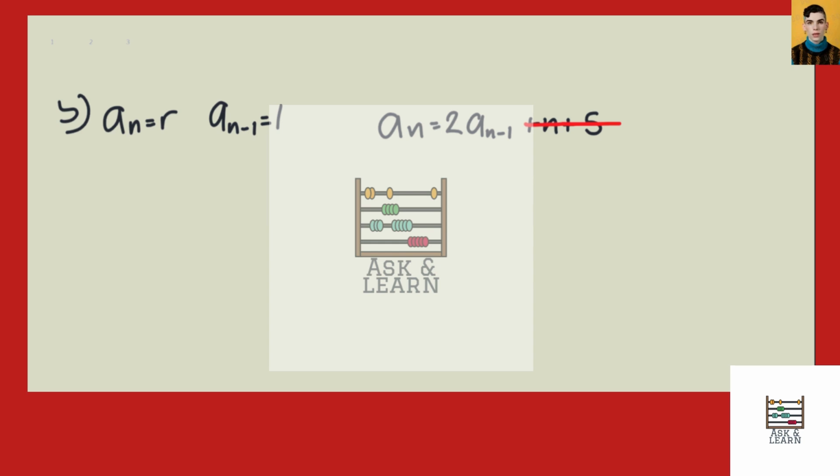When we make our substitution, we end up with r is equal to 2. That means our homogeneous version is going to be equal to some constant times 2, our root, to the power of n.